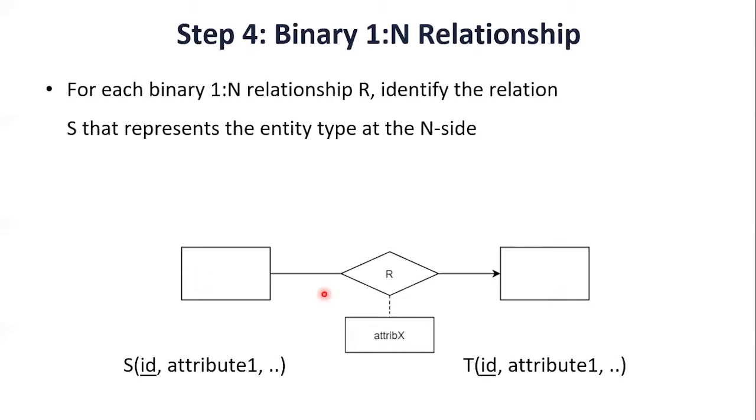So what this says is we have to identify the relation S that corresponds to the entity set on the many side. So this is the many side. As you can see, this side has an arrowhead, so that is 1. This is many, so this side would be n, and this is the relation corresponding to this entity set.